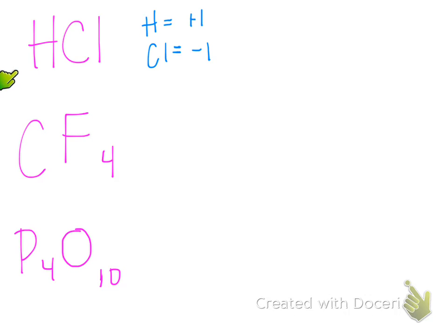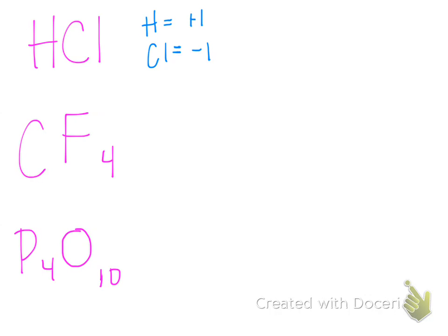Hydrogen is +1, and we need our overall compound to be neutral, which means chlorine's -1. This kind of follows our other rule too, because chlorine is really close to fluorine, which means it gets to keep its charge as its oxidation number, so it's -1 still. Go with the hydrogen rule first. This one just happens to go under both.